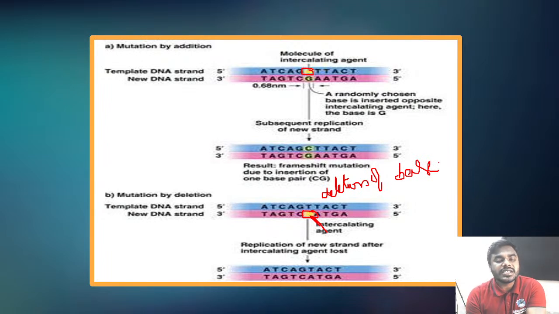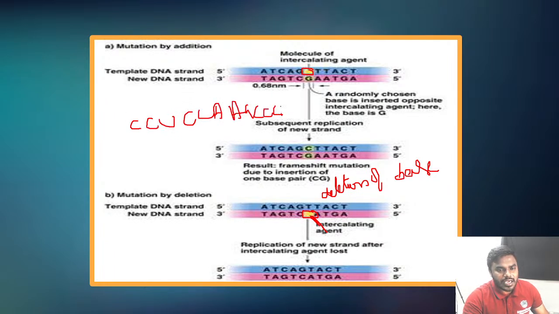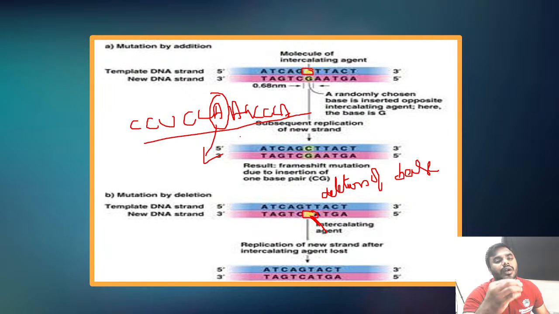In a coding sequence, suppose for example this is a coding sequence: CCU, CCA, AGC, CCA, like this many codons are there. Because of the intercalating agent, one base got completely deleted. Whenever there is a deletion of one base, what happens? Listen to me carefully, friends. The entire coding sequence gets damaged immediately. Kindly do not forget that point.